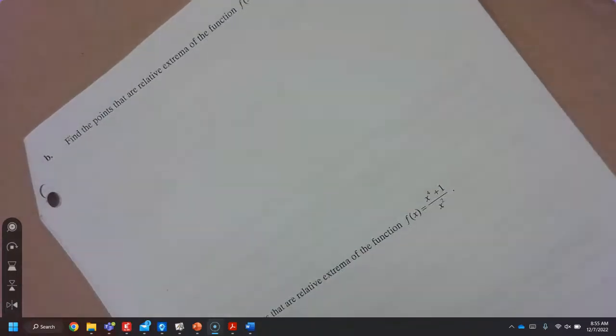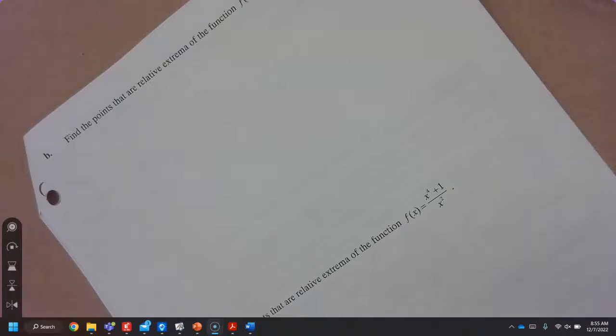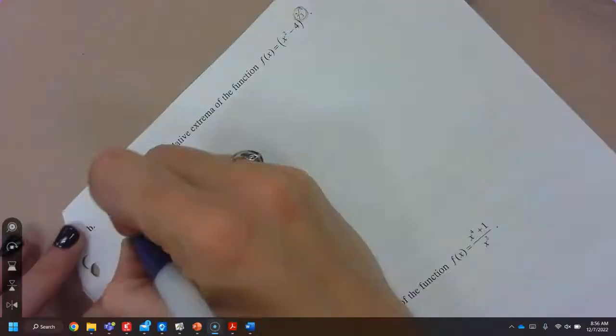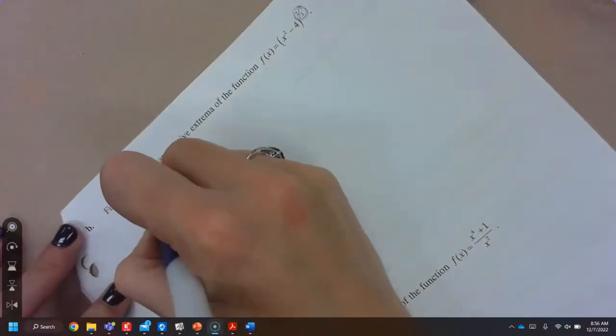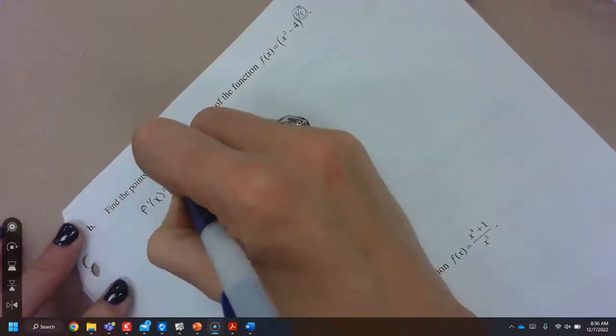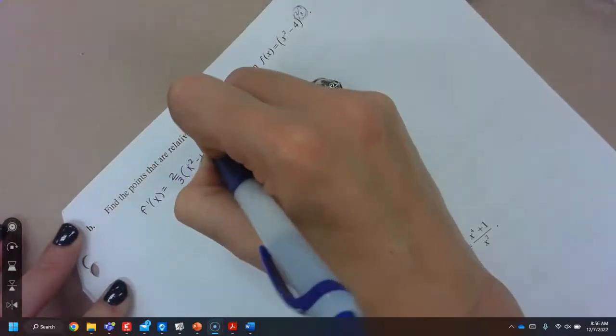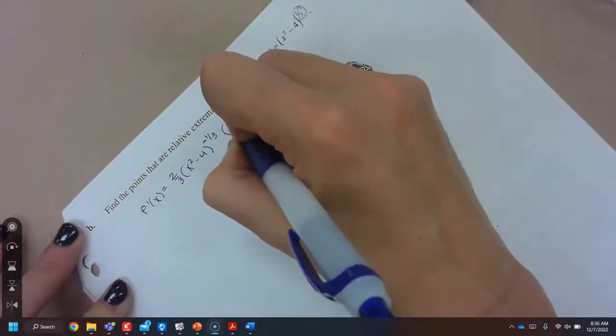So being able to find my derivative, I will find those two little cusp points where the derivative DNE because I know they're not differentiable. So f prime of x equals 2/3 times x squared minus 4 to the negative 1/3 times 2x.